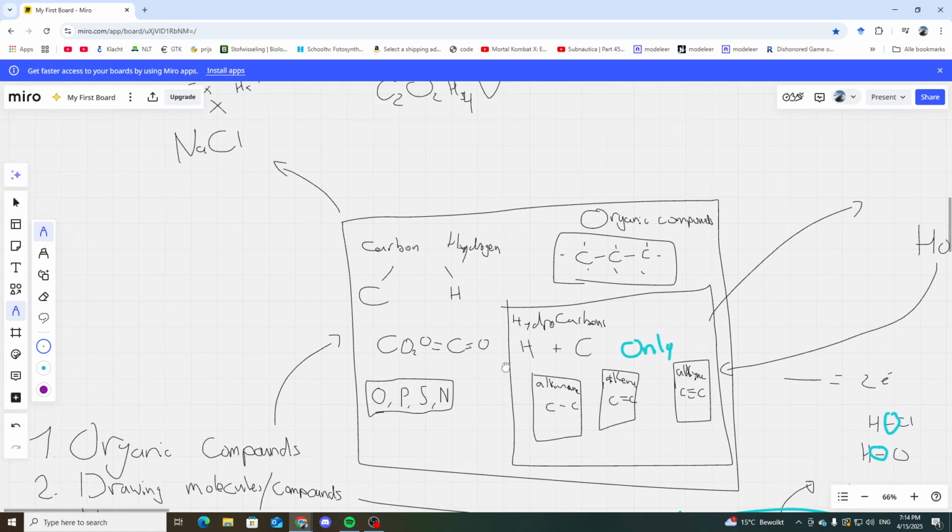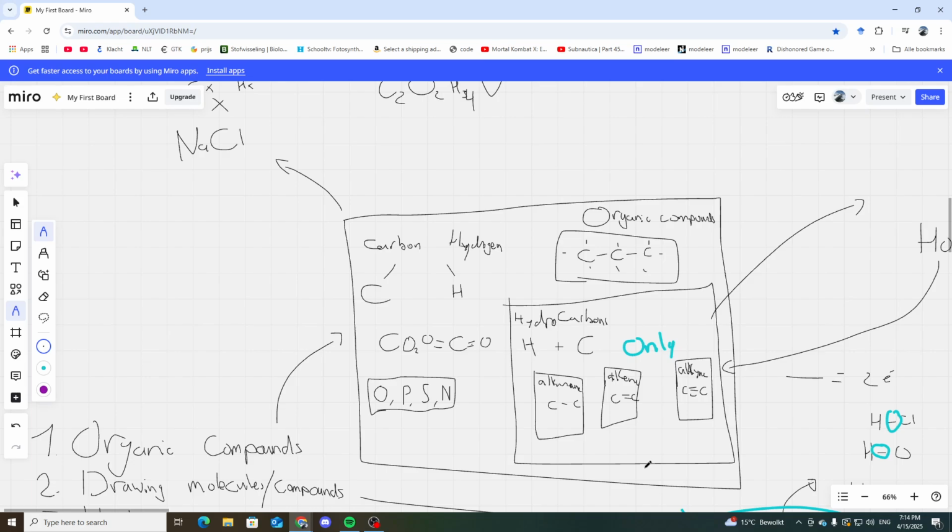And remember the bigger picture that organic compounds form this big cluster in chemistry that contain molecules that contain carbon and hydrogen and can have some of these other ones. Hydrocarbons are a subsection in that big domain where they can only have H and C and no O's are allowed. And then within that box, we have 3 smaller boxes of alkane, alkene, alkyne. And those are just simply, do I have single bonds, double bonds, or triple bonds? That is all that it is.